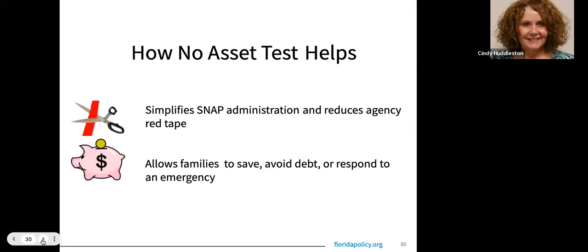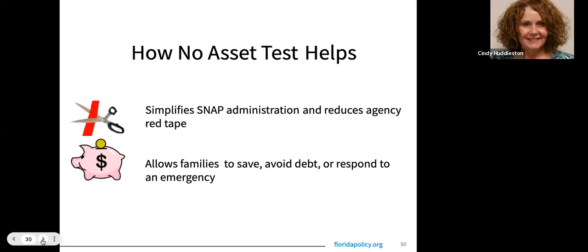Parents need the ability to put away enough cash to afford basic necessities like school clothes for their children who've outgrown last year's outfits, and to get school supplies, not to mention to save for college for children. Families really need savings to weather the additional expense of an unexpected illness.